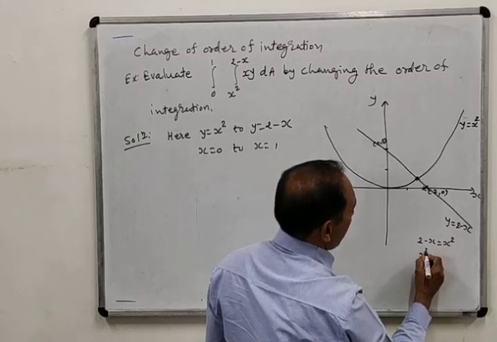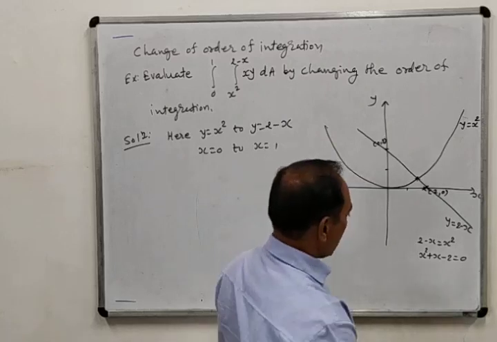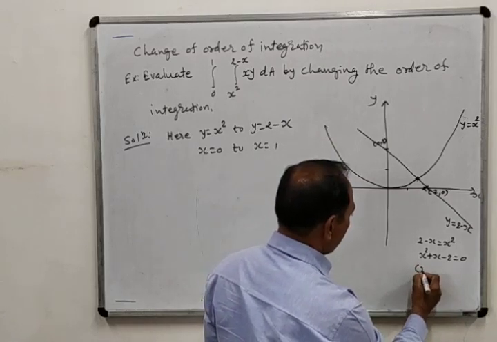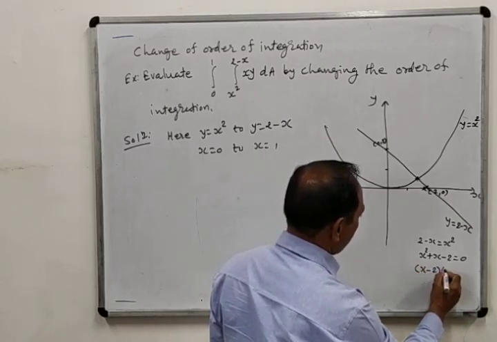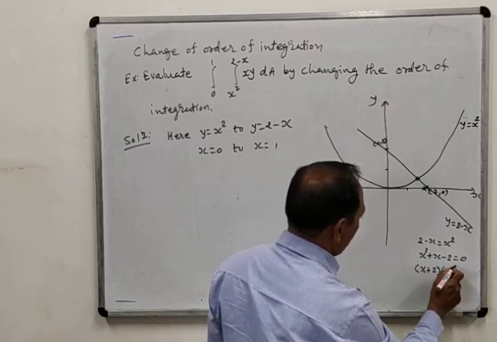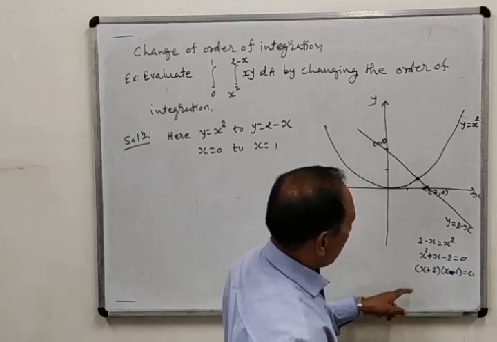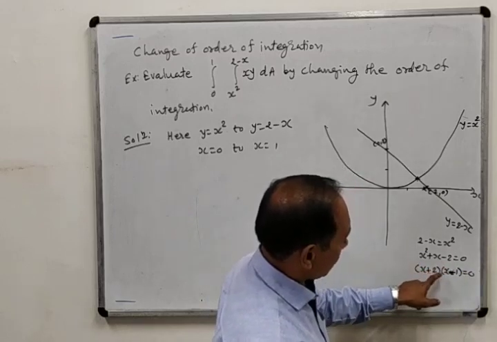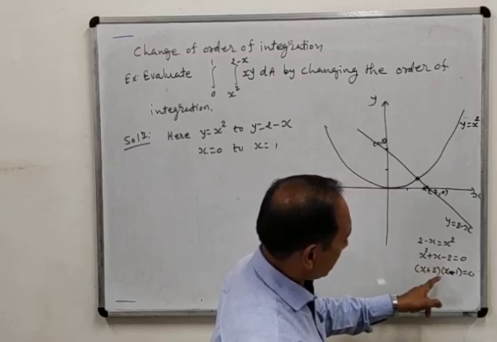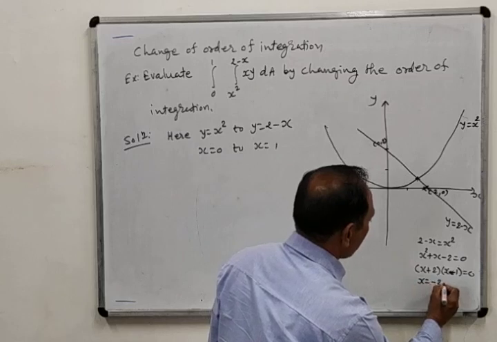So this shows that x square plus x minus 2 equals 0. It factors as x plus 2 and x minus 1. So here we get x equal to minus 2 and 1.